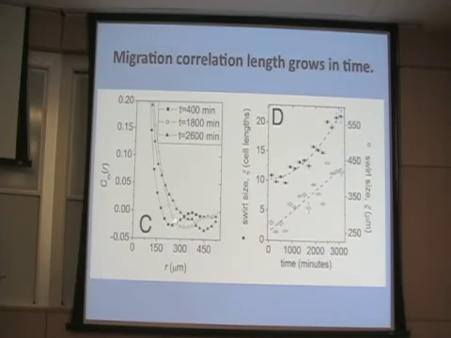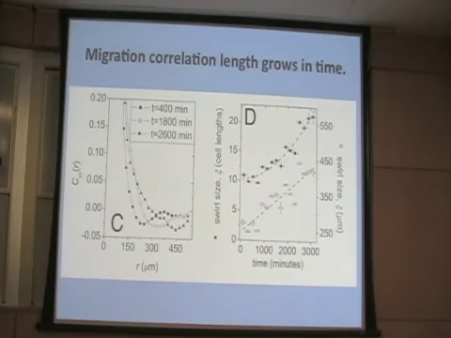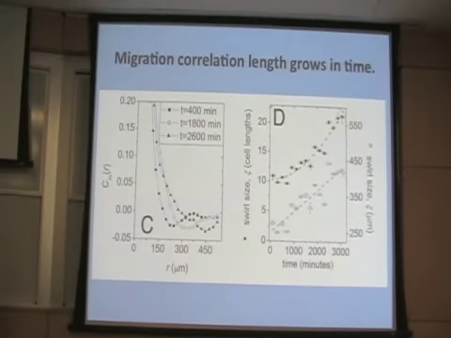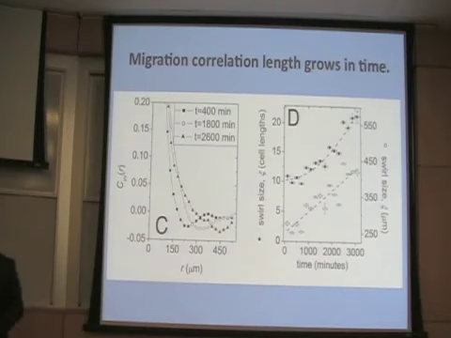We take this negative minimum as basically, if you have a velocity vector here and you look some distance away, they're going in the opposite direction, and that defines a domain over which they can move together. You can see that correlation length grows as well in time, whether you plot it in microns or in units of cell lengths.